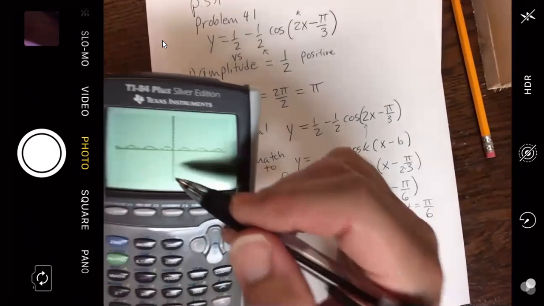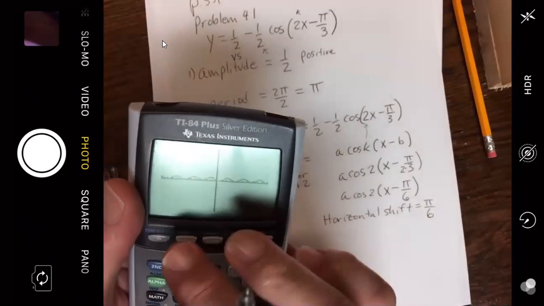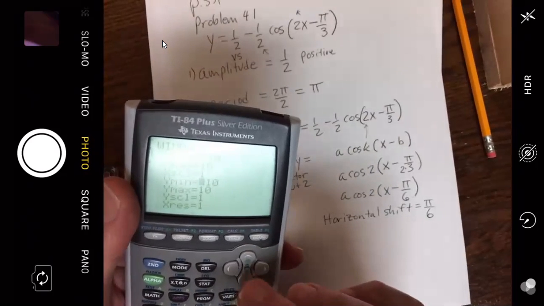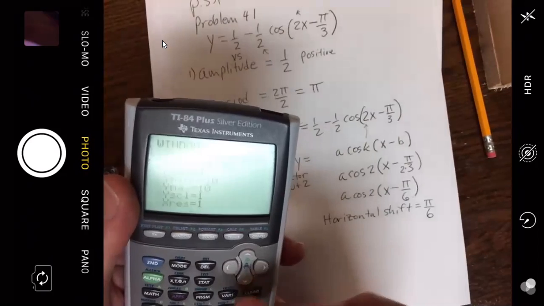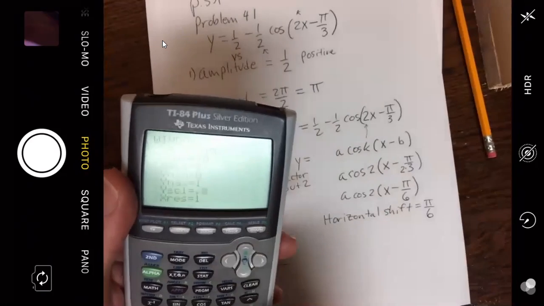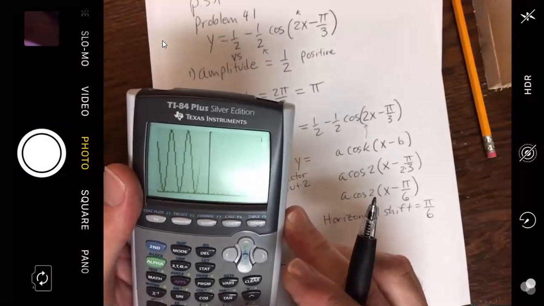You barely see it. Notice it's up above the x-axis, which means it's been shifted up 1/2. Let's window it down. The x is okay. You see a lot of cycles there. Let's go 0 basically to 1.5, say. Well, you can really play around.